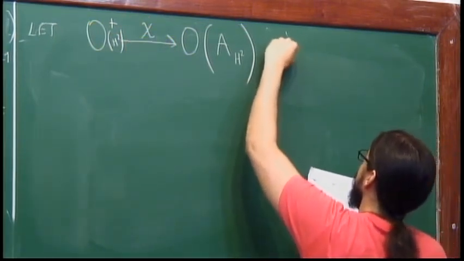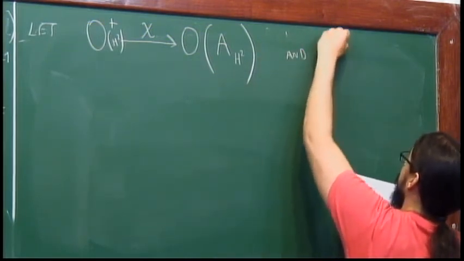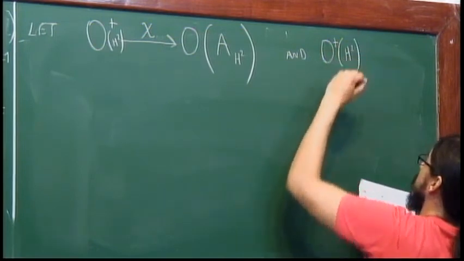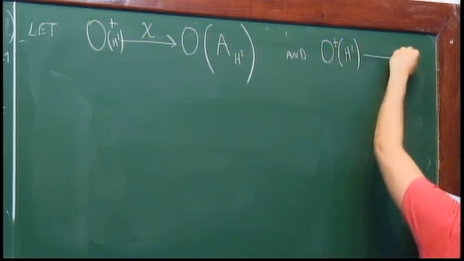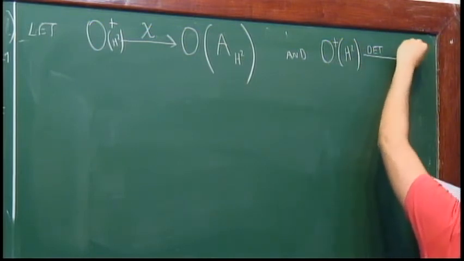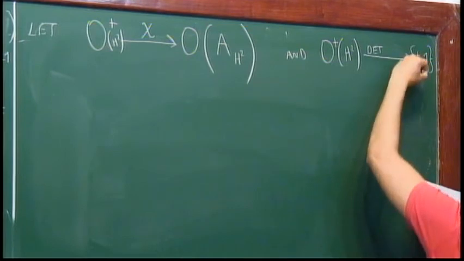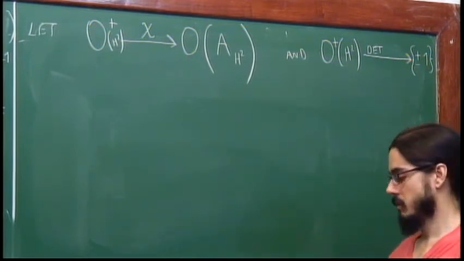And the second just takes the determinant of an isometry.